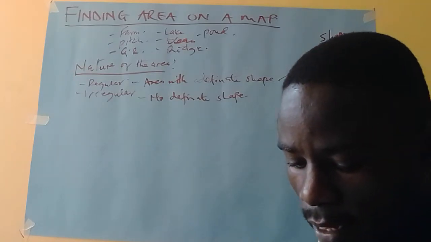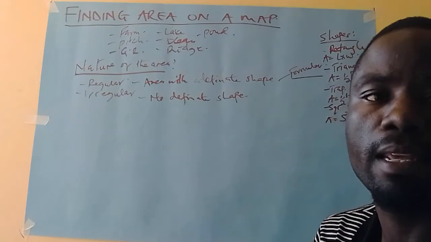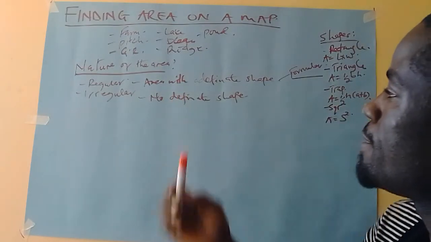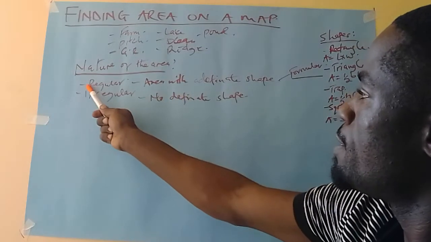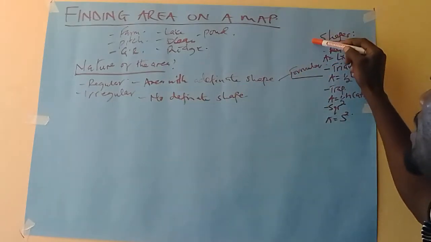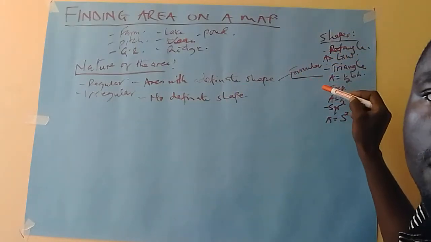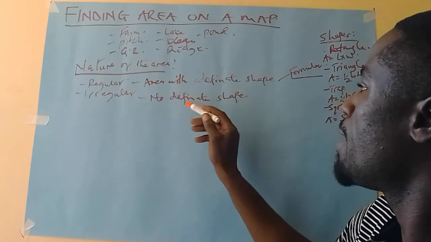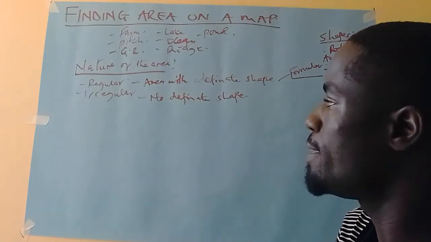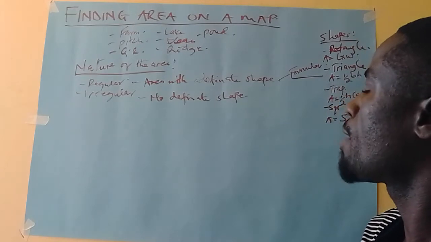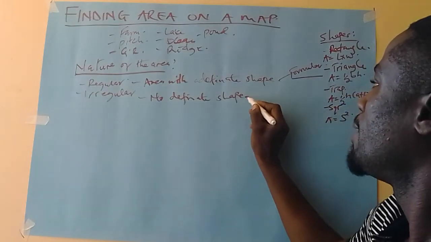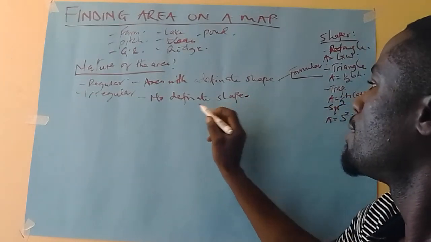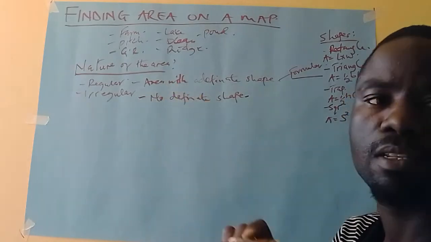So, finding the nature of the area that is shown on the map is the first thing we consider. If it is regular, we just know that that area has a definite shape. If it is irregular, here we don't have a definite shape. So we shall look for ways: how can we get the area of a feature which is irregular?